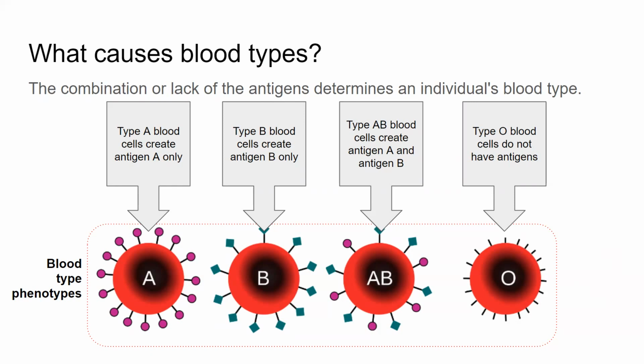So for type A blood, we have antigen A. So the antigen is the protein, right? A blood has antigen A. That's easy, makes sense, right? B blood, antigen B. AB blood, antigens A and B. Good so far? Type O, you can think O for like nothing. No antigens. Zero antigens.